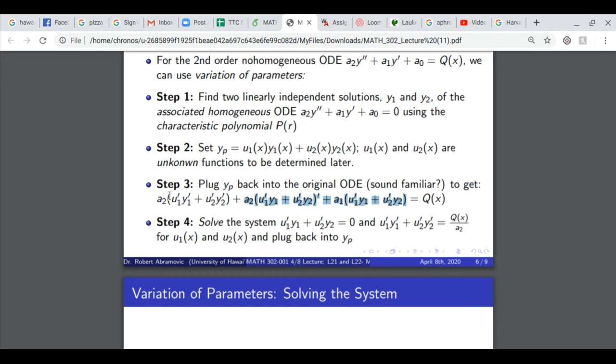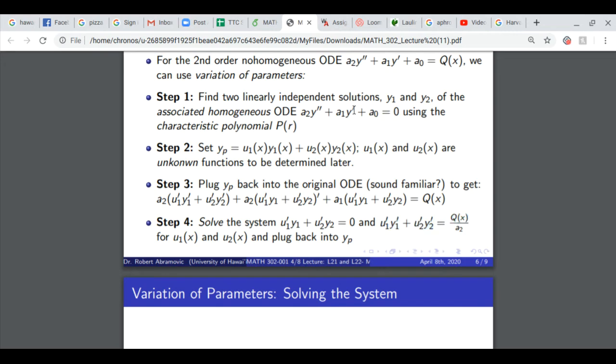And then all we're left to do is solve a2 times u1 prime y1 prime plus u2 prime y2 prime is equal to q of x. We're going to solve that for u1 prime and u2 prime. And we can always divide by a2, right?